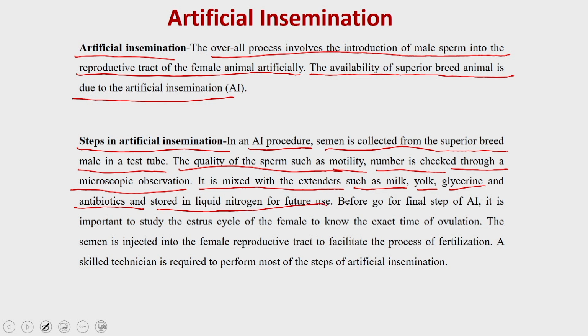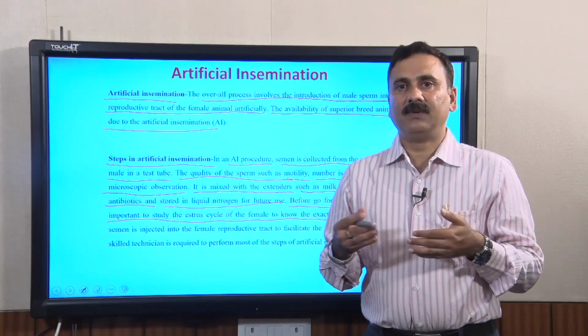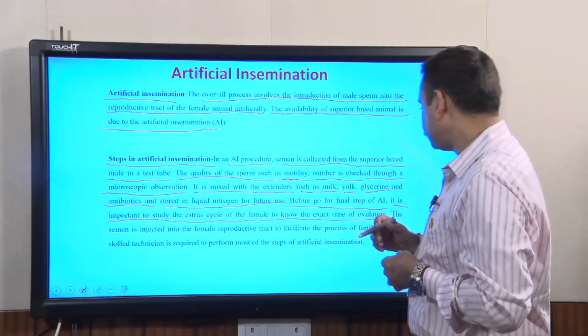Before you go for artificial insemination, it is important to study the estrous cycle of the female to know the exact time of ovulation, because you should know the estrous cycle of the receiving female counterpart, so that when you do the artificial insemination, the sperm you inject artificially will go and do the fertilization, and that is how you are going to have better traits with the help of this procedure.